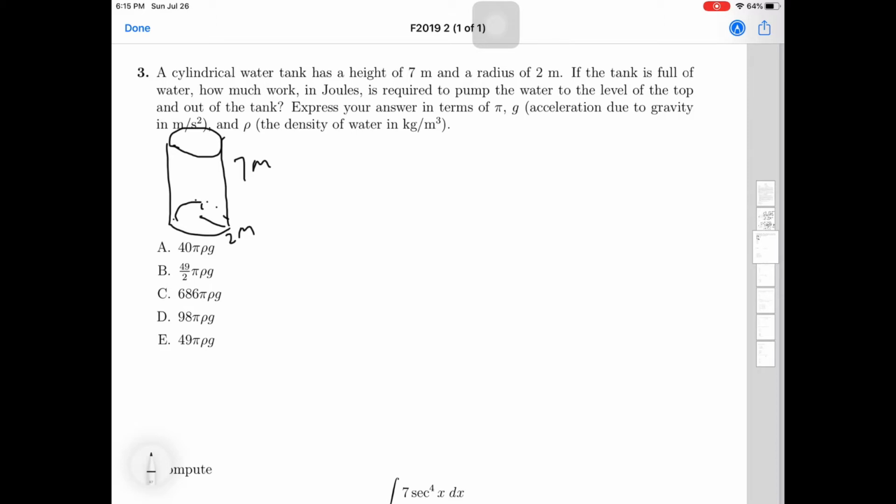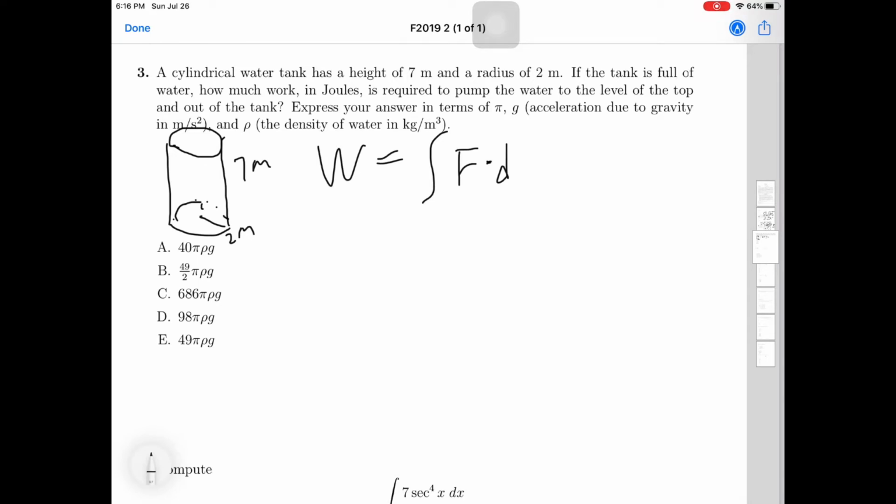So work is the integral of force times distance. Like usually when we calculate something where the force doesn't change, the work is just force times distance.